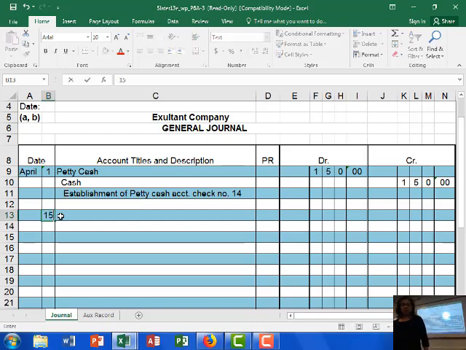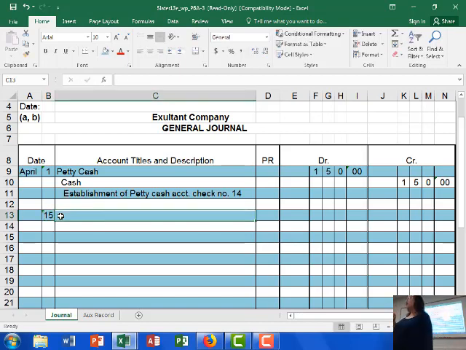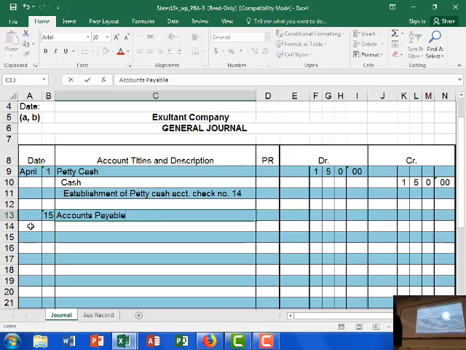So we're going to go to the journal, and it says here, for past purchases on account. On account means what? Accounts what? Payable. Very good. Accounts payable. So you're going to then debit your accounts payable and credit what? Cash. Even though it was with a check, it's still coming out of your cash.